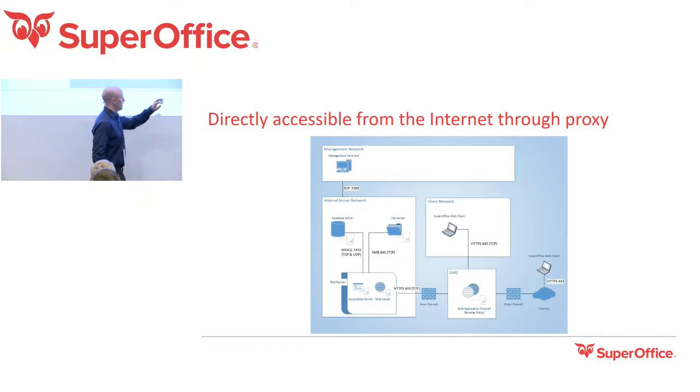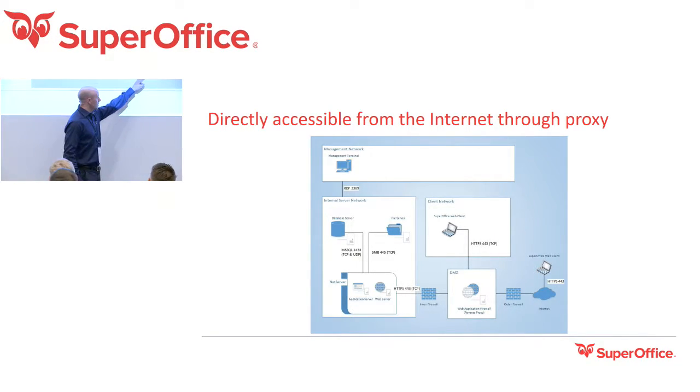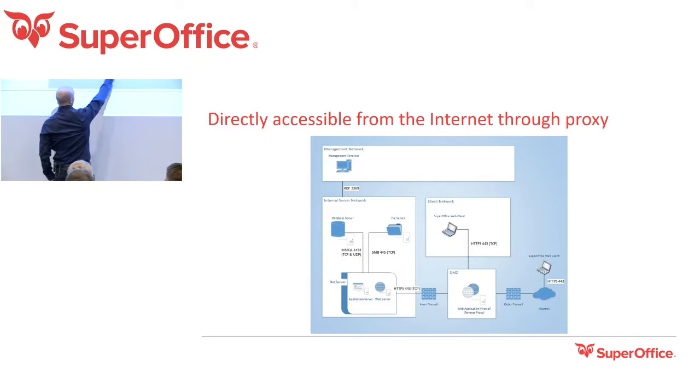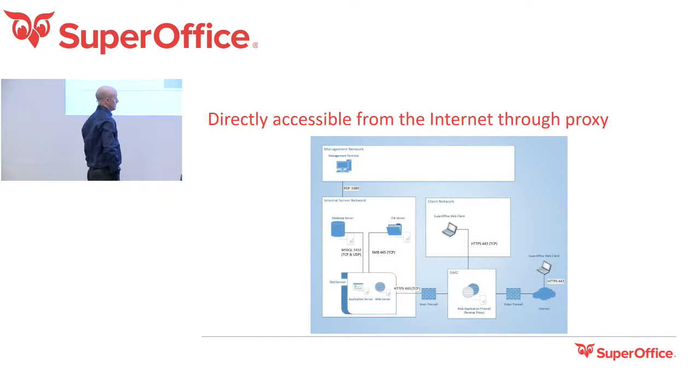If I compromise the reverse proxy, I don't necessarily have access to the application and the web server and database and the file server. I'm stuck here. So now I have to find a way over port 443 to get into this and exploit it, and that narrows down the surface.